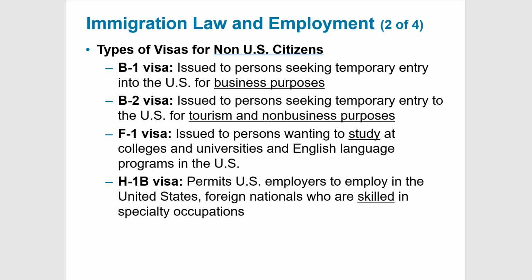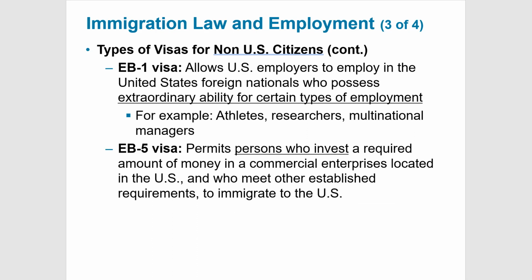So a B-1 visa is issued to a person seeking temporary entry to the U.S. for business purposes, a B-2 for tourism and non-business purposes, an F-1 visa for somebody who wants to come to the United States to study, to attend college or university here, an H-1B visa for foreign workers who are skilled in some type of specialty occupation, EB-1 visa for people who demonstrate extraordinary ability for certain types of employment.